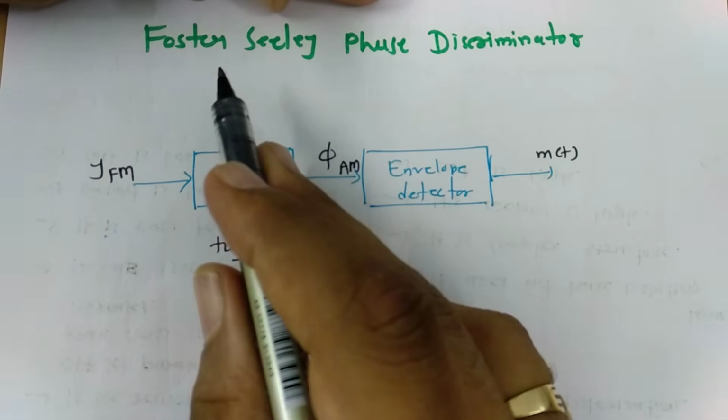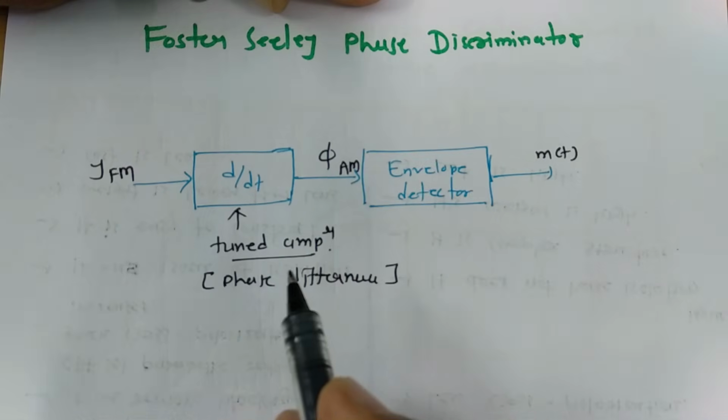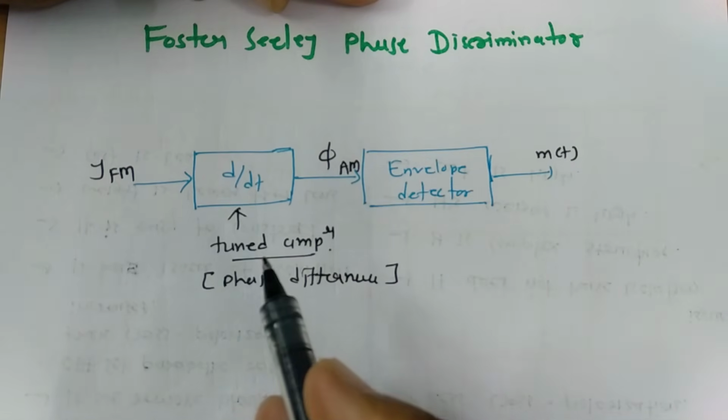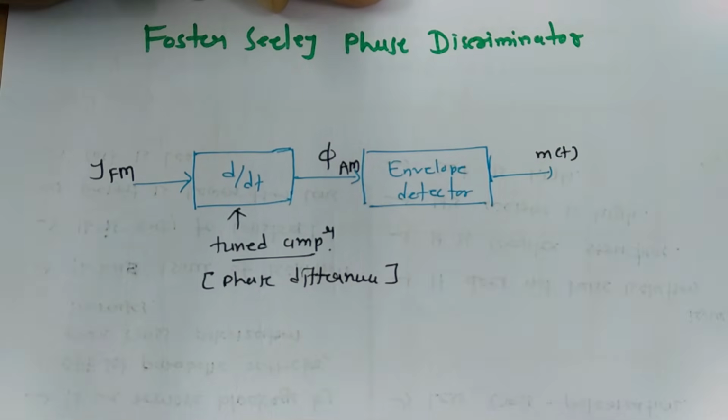That's why this Foster Seeley phase discriminator is based on phase difference calculation, and that is why it is referred to as a phase discriminator. This is what I'll be explaining in this session.